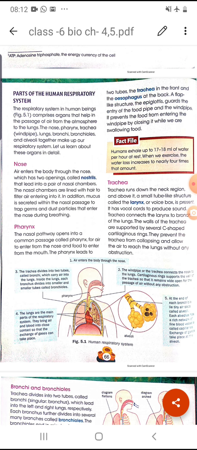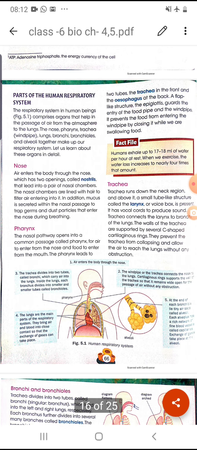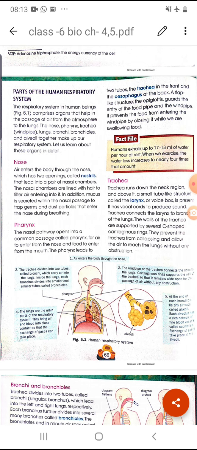So after the pharynx, the next part is the trachea. The trachea runs down in our neck region, and above it a small tube-like structure is there, that is generally known as the larynx or our voice box.